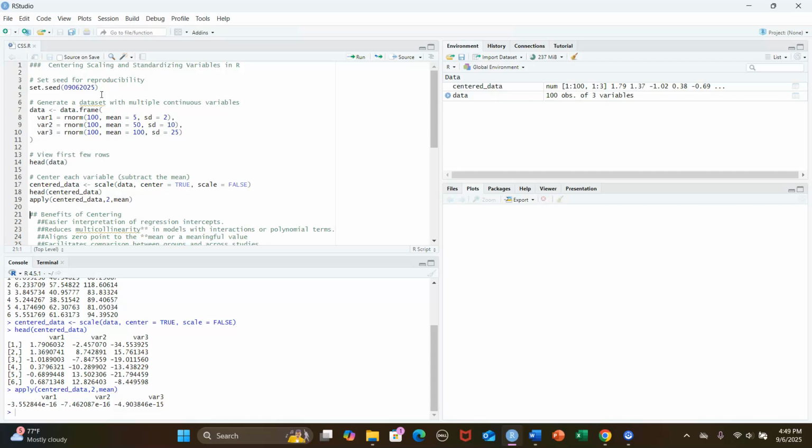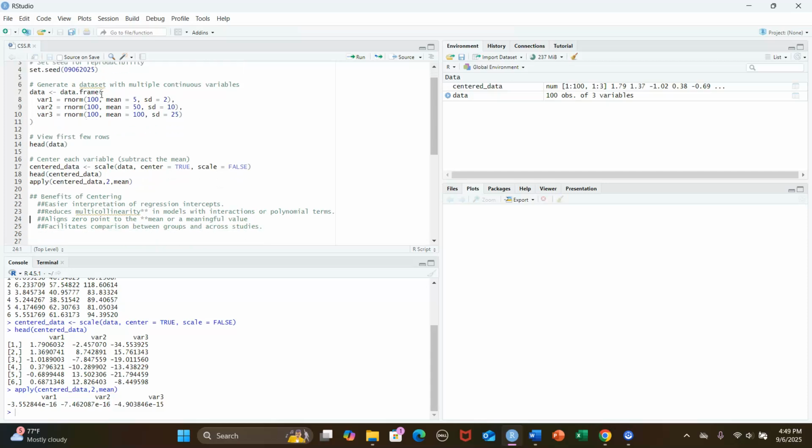Centering is a commonly used data pre-processing technique. The benefit of centering is easier interpretation of regression intercepts. After you center all the predictors, the intercept becomes the average outcome when all the predictors are set at their average value.